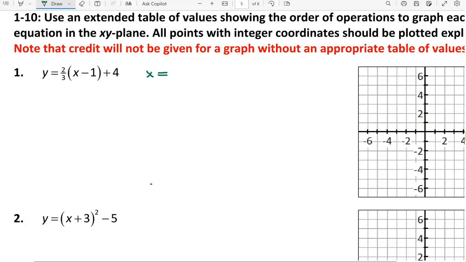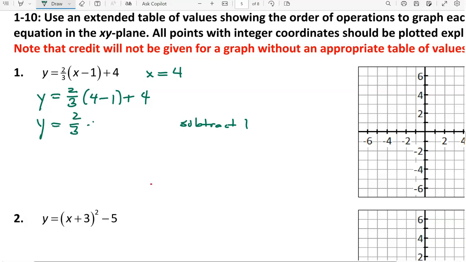So if x is equal to 4, then y is equal to 2/3 times (4 minus 1) plus 4. So what do I do first? I subtract the 1 because that's in parentheses. So we have y equals 2/3 times 3 plus 4.